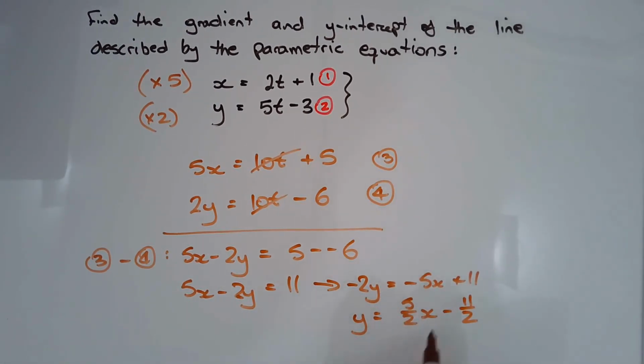And if you recall, remember that example we did where we created two coordinates from choosing two values of t, and we ended up with a gradient of 5 over 2. So you can see that by converting this set of parametric equations into Cartesian form, we obtain the same answer for the gradient. And as a bonus, we also have our y-intercept as well, which is negative 11 on 2.